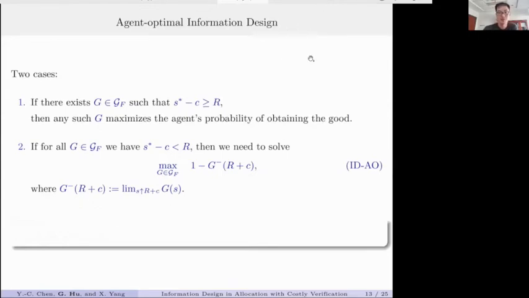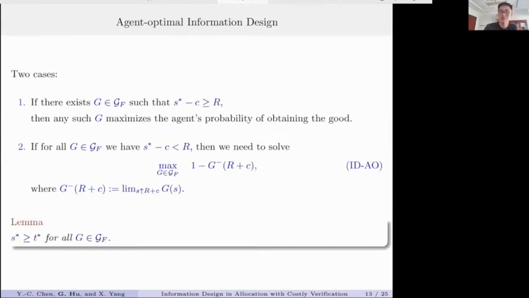And we should care about how information design may affect the threshold, because given the underlying distribution capital F, we have a threshold, and given any designed information G, we have a threshold. So how information design may affect the threshold is important in analyzing the information design problem here.